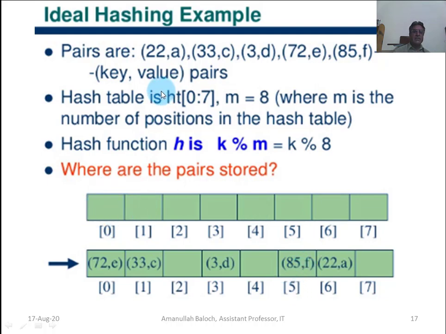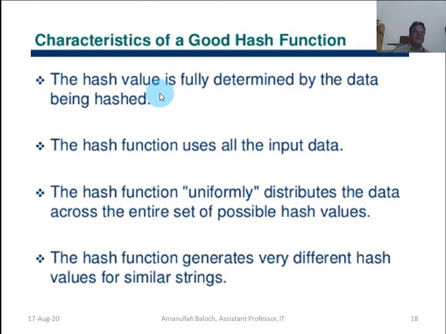This was the implementation. This was the ideal hashing, that is, no collisions have occurred here. Such a situation is called the ideal hashing situation.